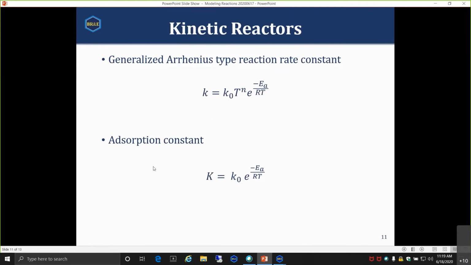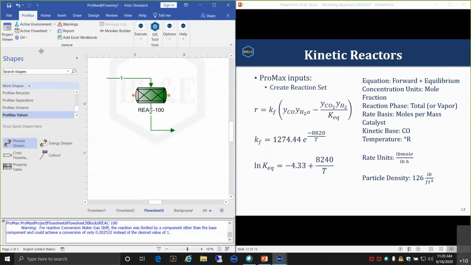The absorption constants follow a very similar type of expression with regards to temperature. This is a pre-exponential, and this is the activation energy for absorption, not for the reaction. So let's add another flow sheet.